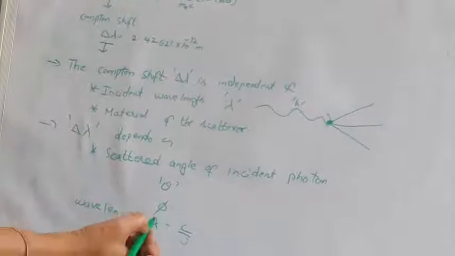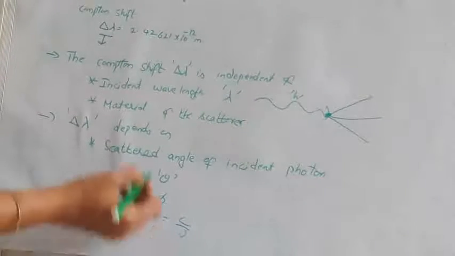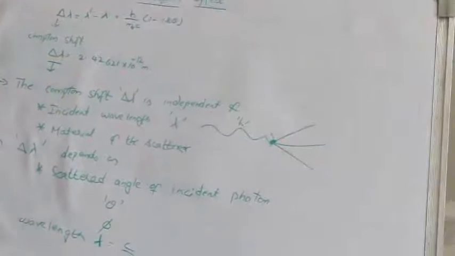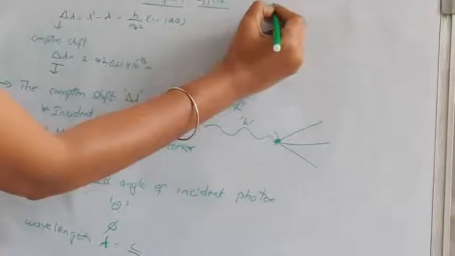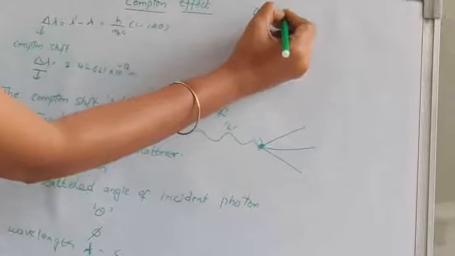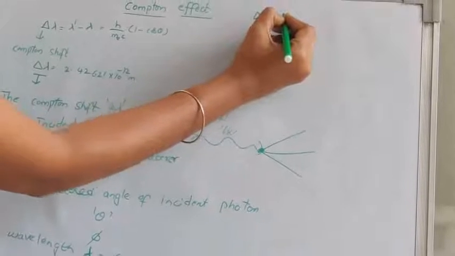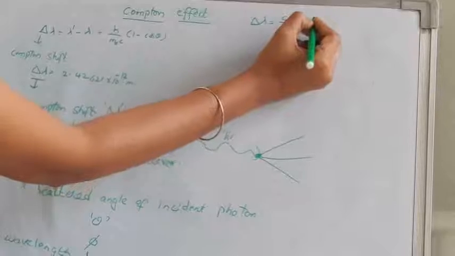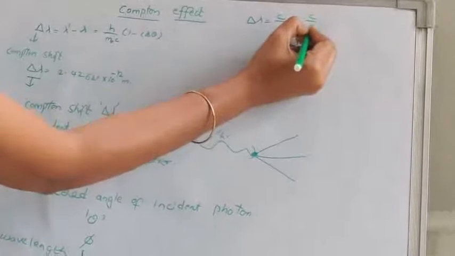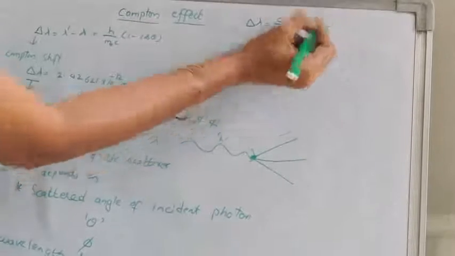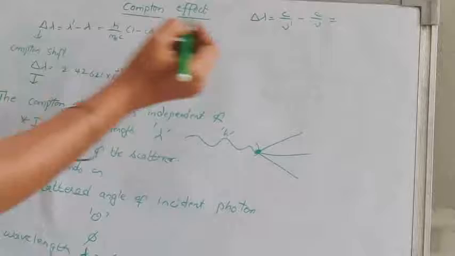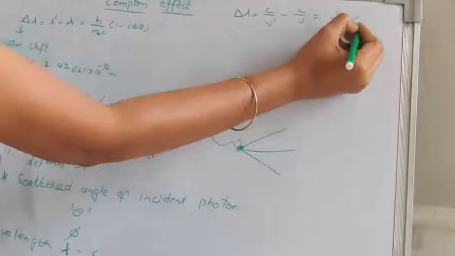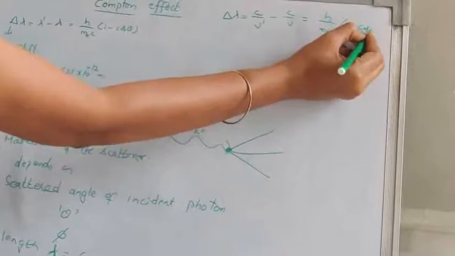So I am going to substitute the lambda value in the Compton shift. So what you will get? Delta lambda is equal to c by nu dash minus c by nu is equal to h by m e c into 1 minus cos theta.